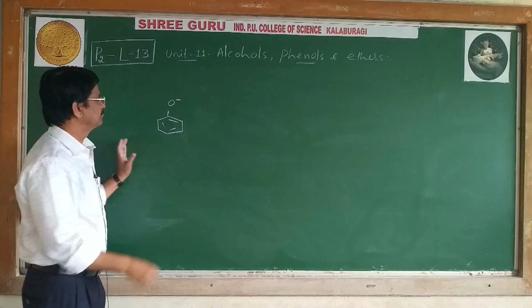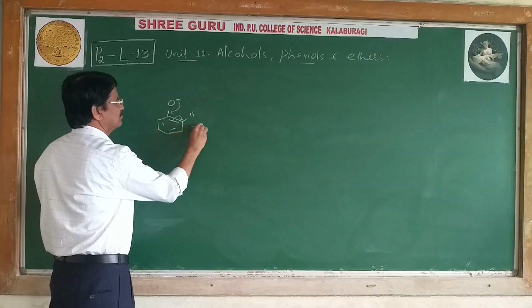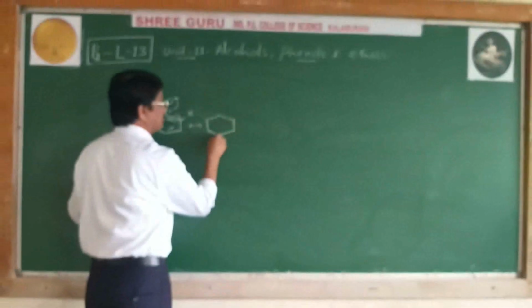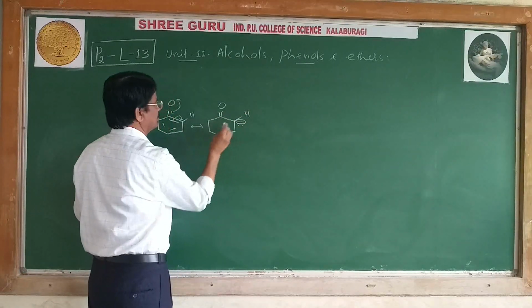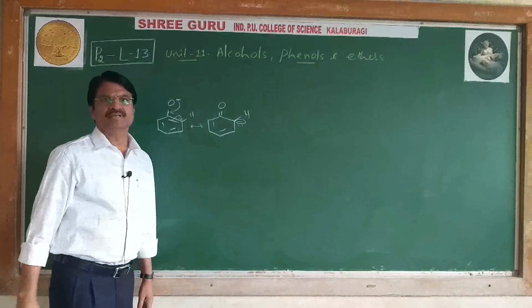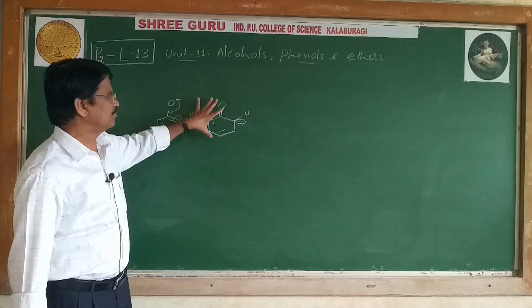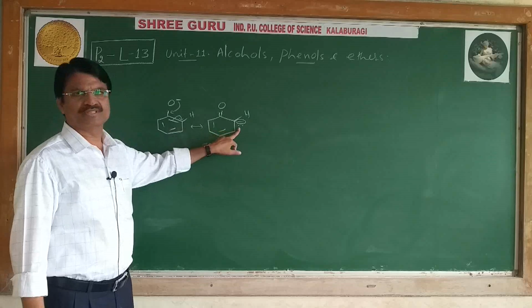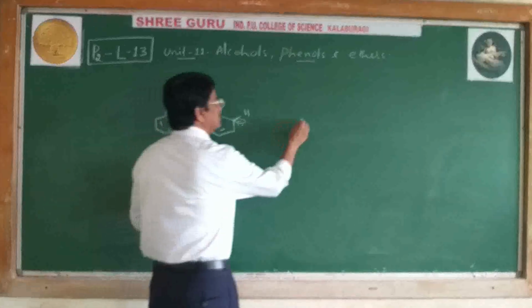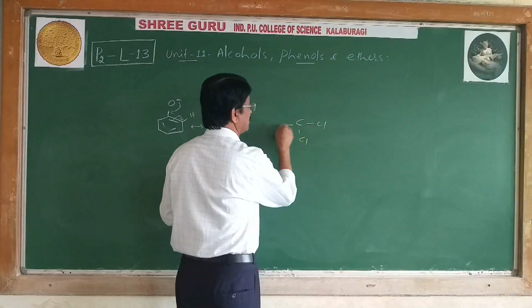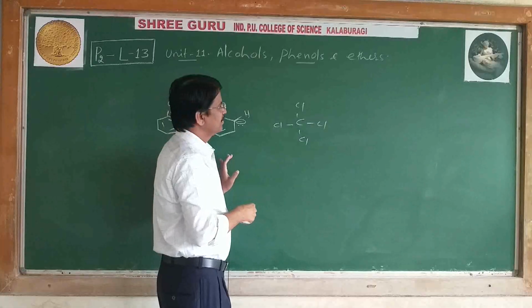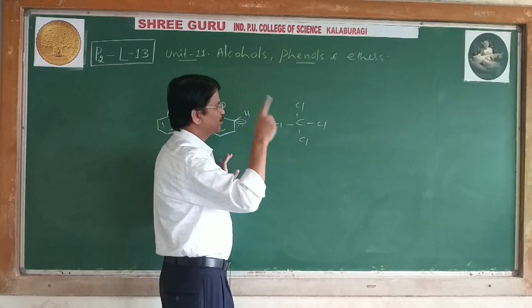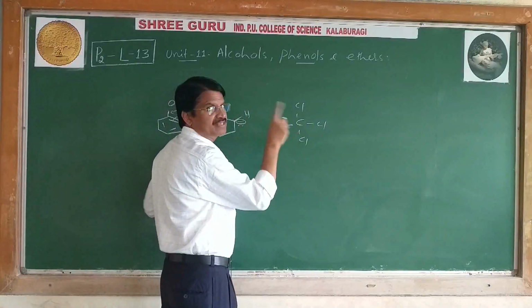Phenoxide ion, here is H, by resonance it can form a double bond, O, H, negative. By adding NaOH to phenol, it can form like this. The ortho position carries a negative charge. And Cl, correct? Then H plus is removed as H2O.